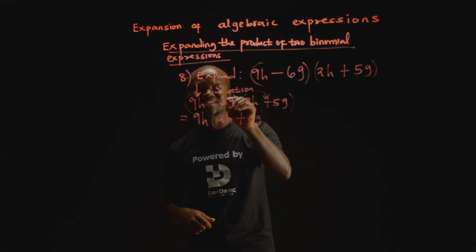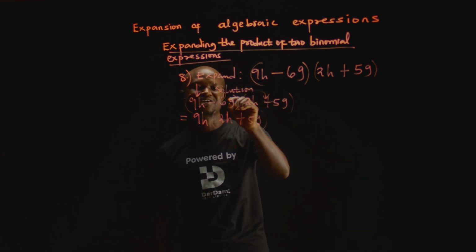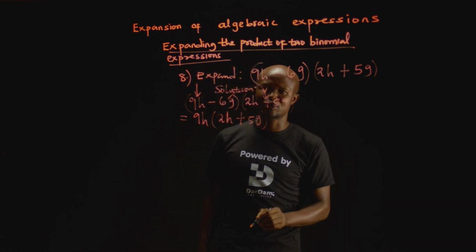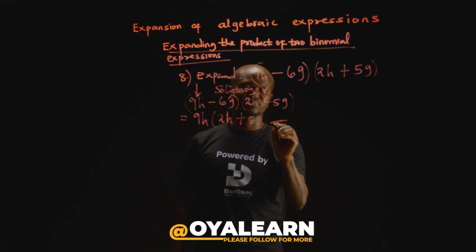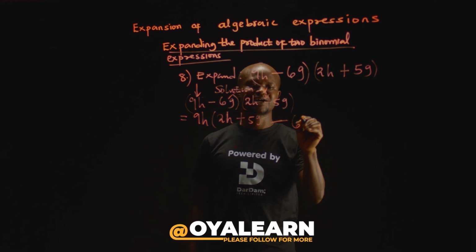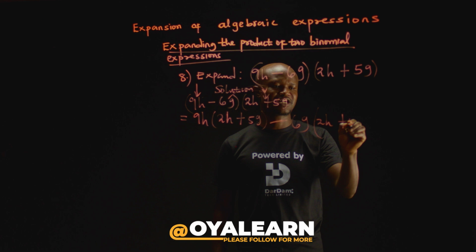Then we use the second term in the first binomial expression, which is minus 6g, to multiply the second binomial expression. We have minus 6g multiplying 2h plus 5g.